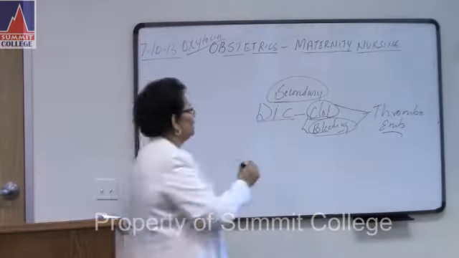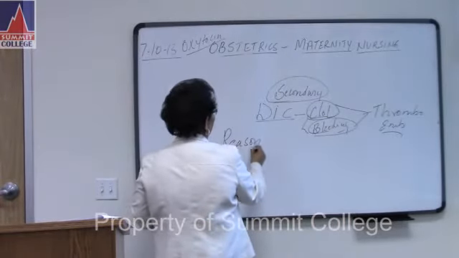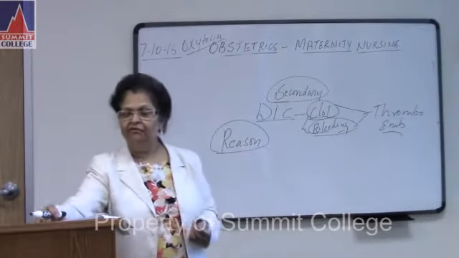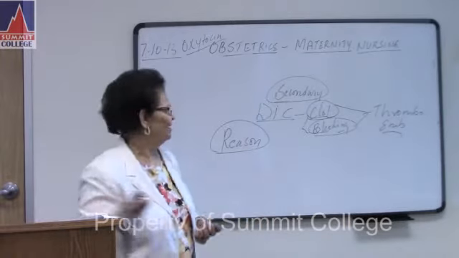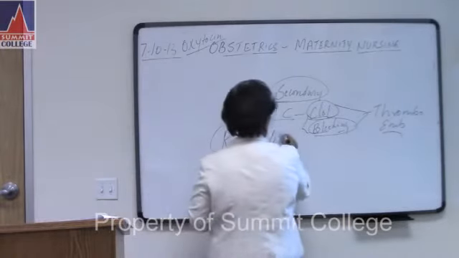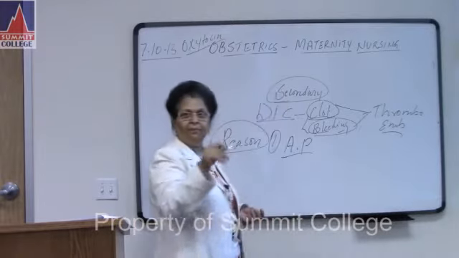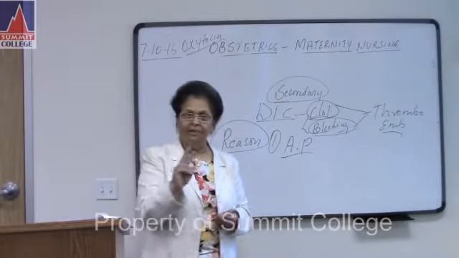What are the reasons? Which mothers are we going to follow up for DIC? Number one, abruptio placenta. I will be talking later about abruptio placenta. Remember, there are two kinds of bleeding the mother has.